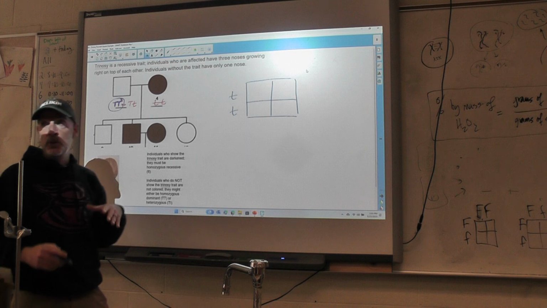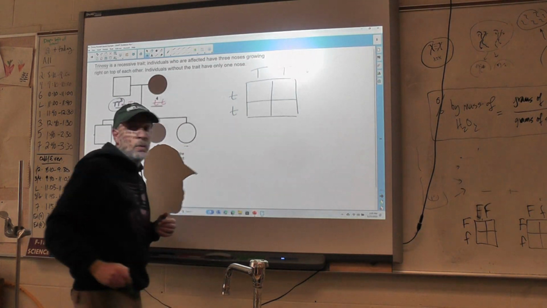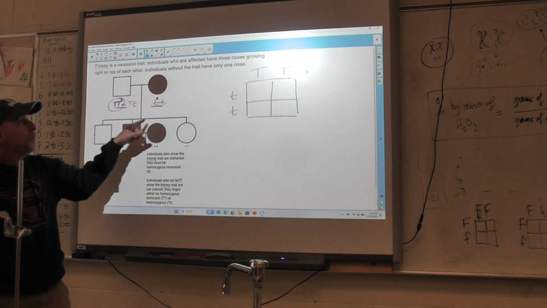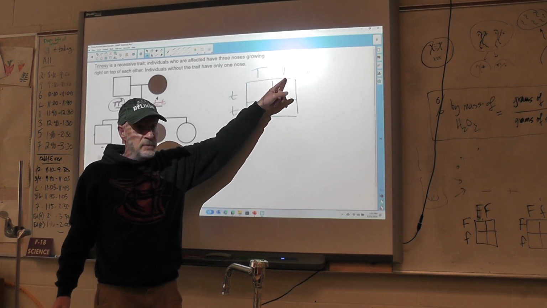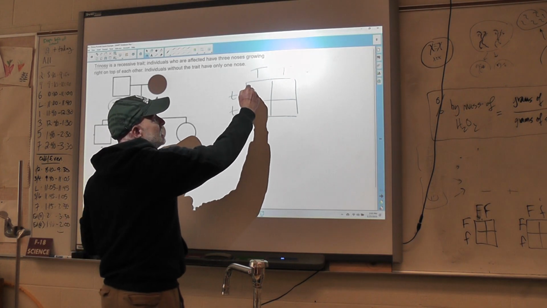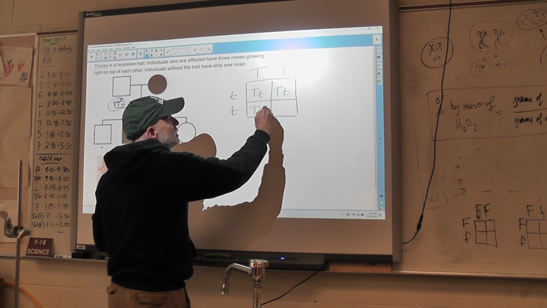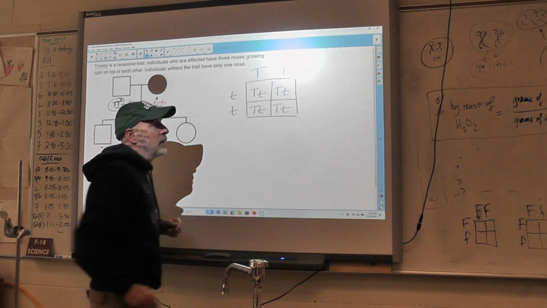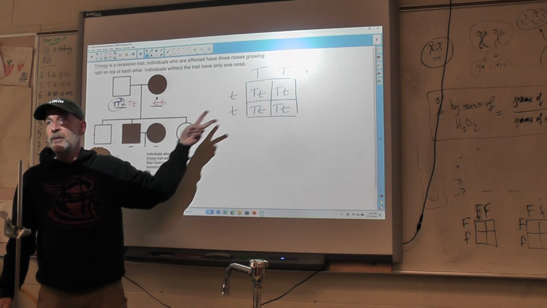My unknown individual, if that individual were homozygous dominant, then either type of gamete would have the same allele, and that means that the resulting offspring, no matter which combination of gametes they got from these 2 parents, the resulting offspring would all be heterozygous.